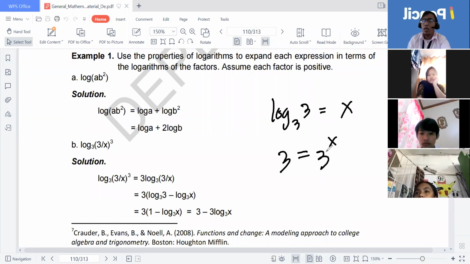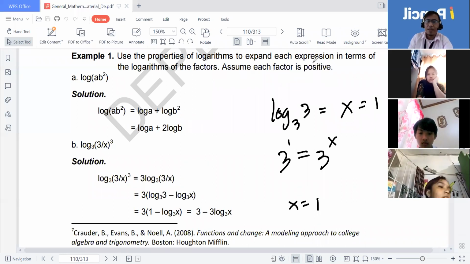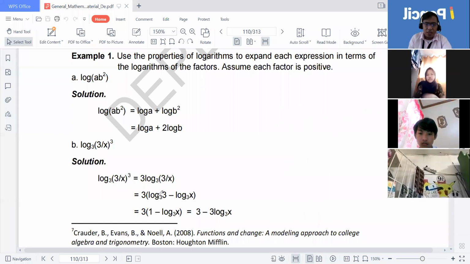And if you use the properties of exponentials, we equate the exponents if the bases are the same, right? So we know that this is 1. So therefore, x is equal to 1. So if x is equal to 1, then this is also equal to 1. So it means log of 3 base 3 is just 1. Okay? Clear? So this portion is just 1.